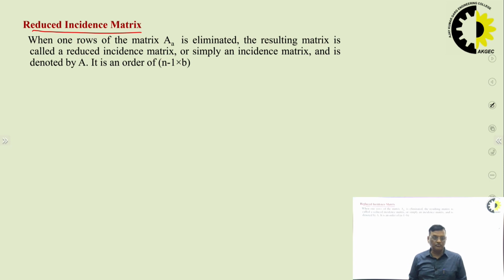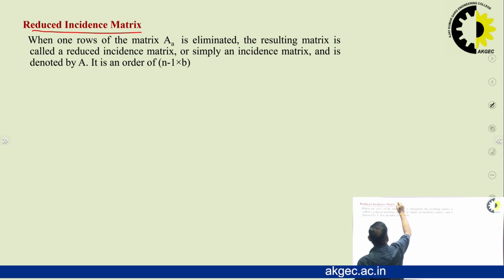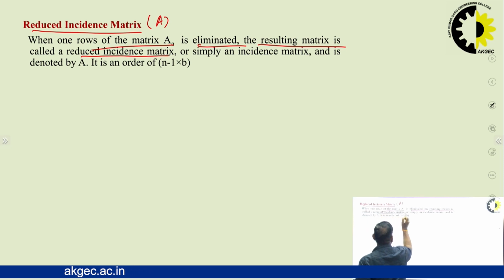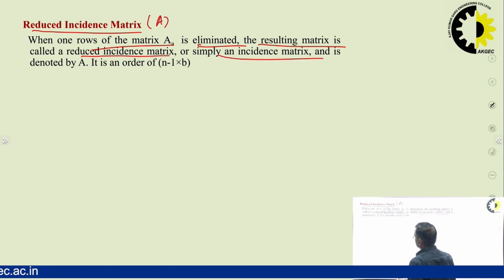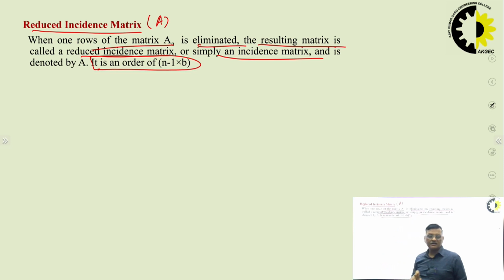So there are two terms, complete incidence matrix, that is AA, and reduced incidence matrix, that is A. Its notation is always A. So when one row of the matrix AA is eliminated, the resulting matrix is called a reduced incidence matrix, or simply an incidence matrix, and it is denoted by A. The complete incidence matrix AA is of order n into B, whereas the reduced incidence matrix A is of order n-1 into B. So n-1 rows and B columns.